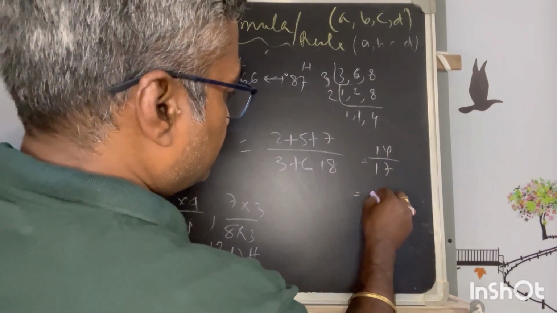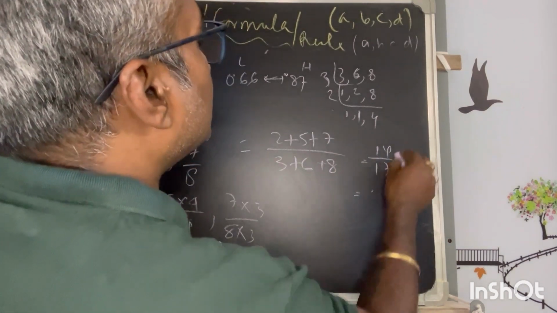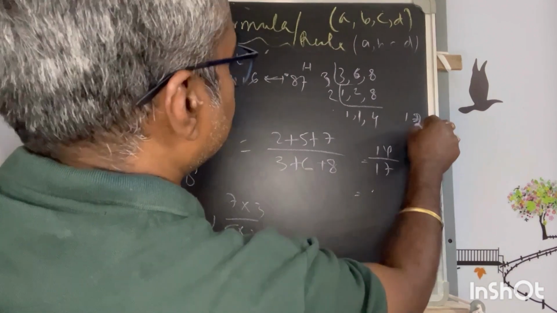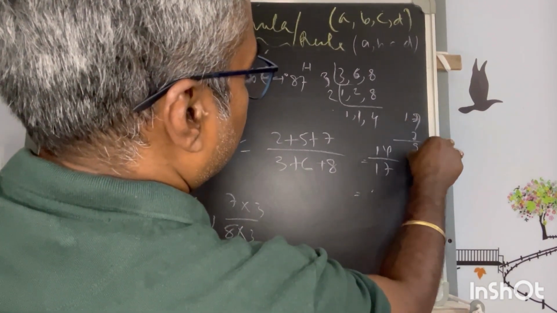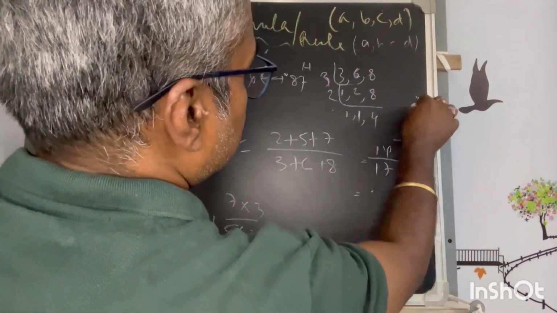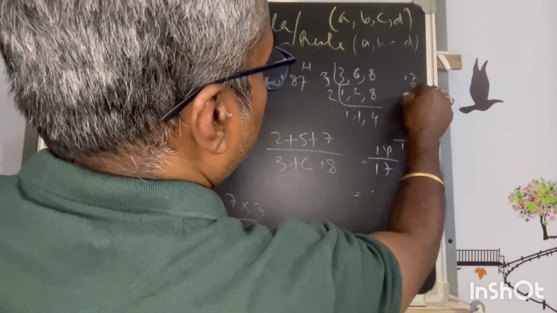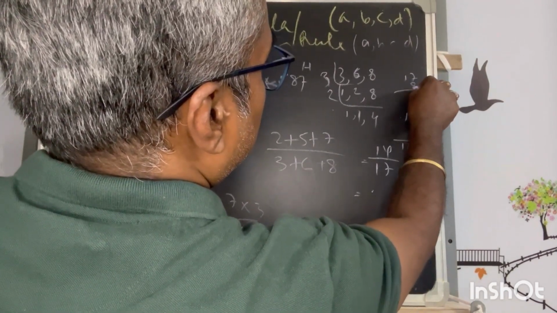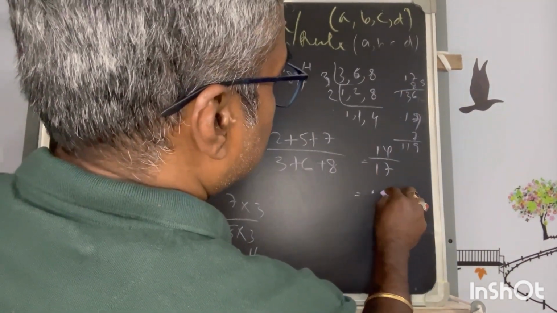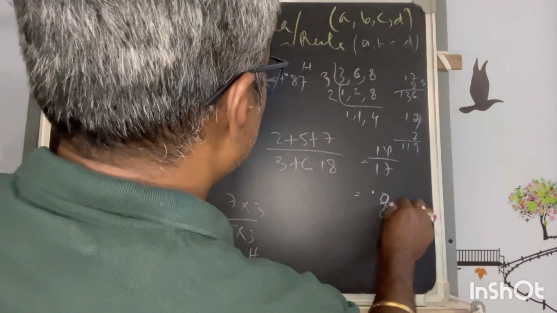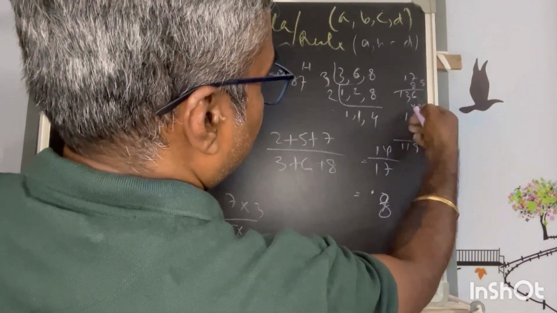So for that, if I do 14 by 17, it will come as 0.82.